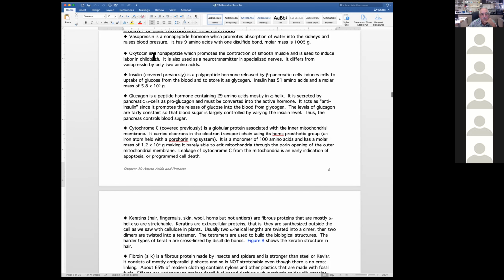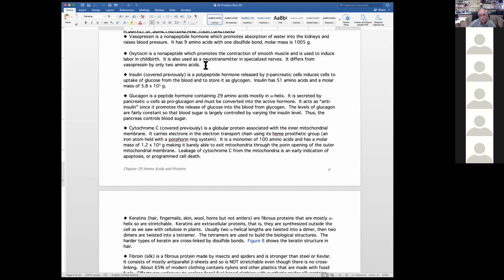Oxytocin is also a nonapeptide. It promotes the contraction of smooth muscle. They use it to induce labor and childbirth. It's also used as a neurotransmitter in some specialized nerves, and it differs from vasopressin by only 2 amino acids. So yeah, I would call these proteins because they're biologically functional.